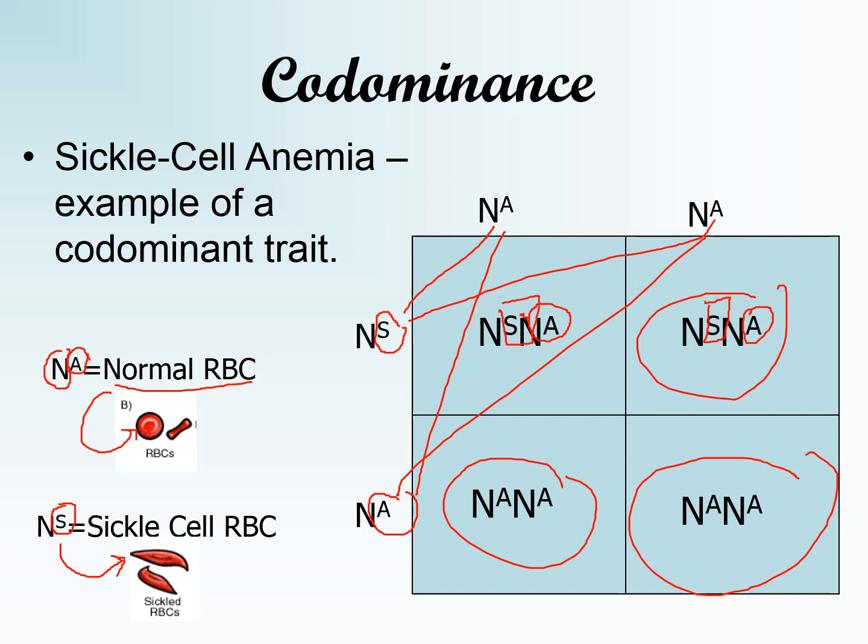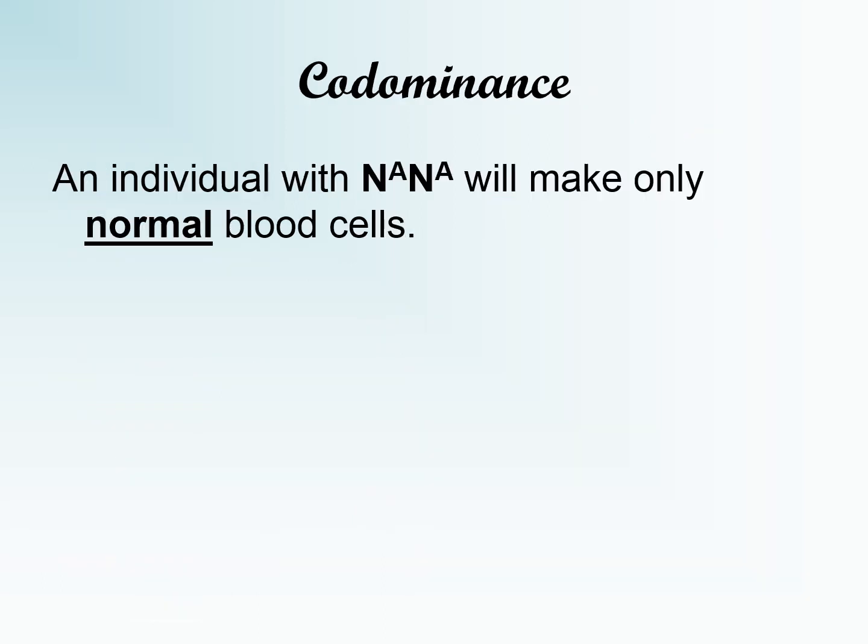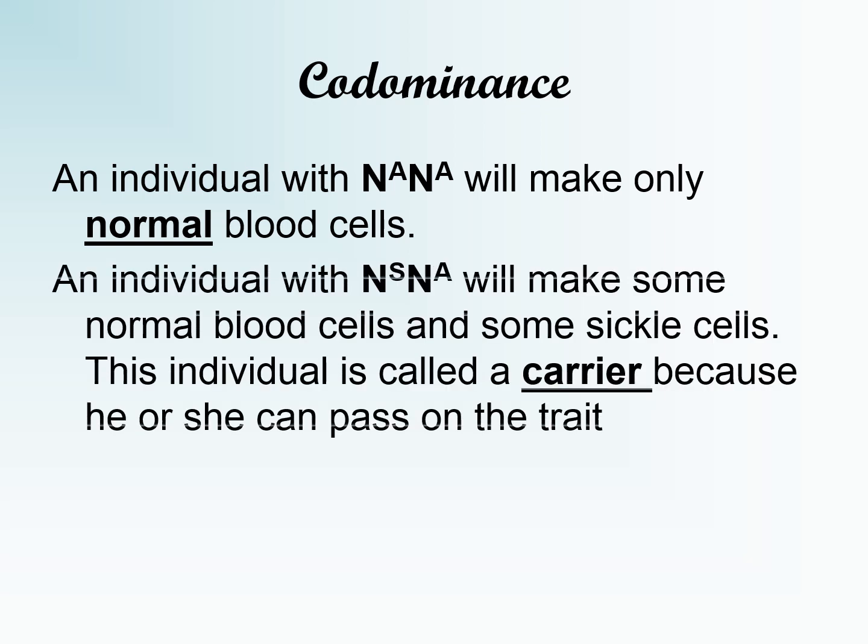Remember, if you were going to have sickle cell, you'd have to present with two big S's. So an individual with the two A's will make normal blood cells. An individual who presents with a big S and a big A is going to make some normal blood cells, because they have the big A, and they're going to produce a few sickle cell blood cells.